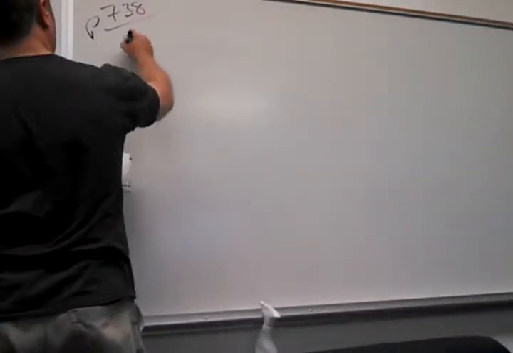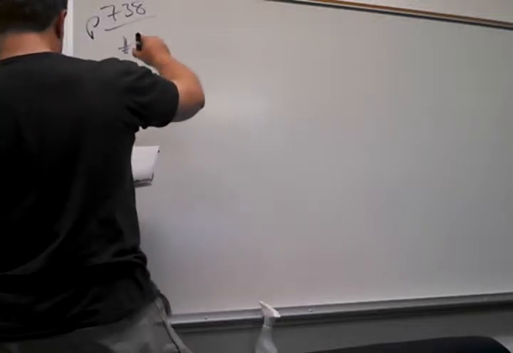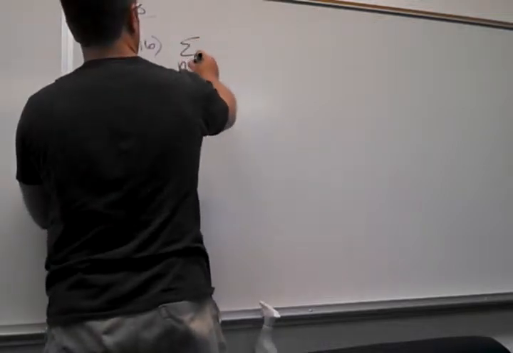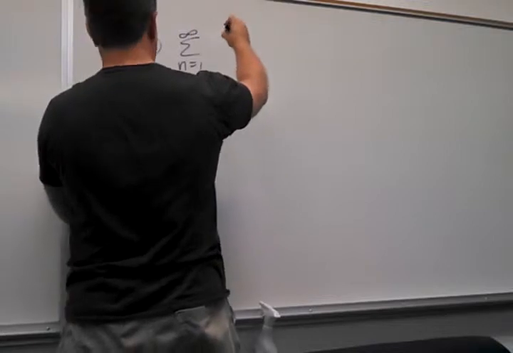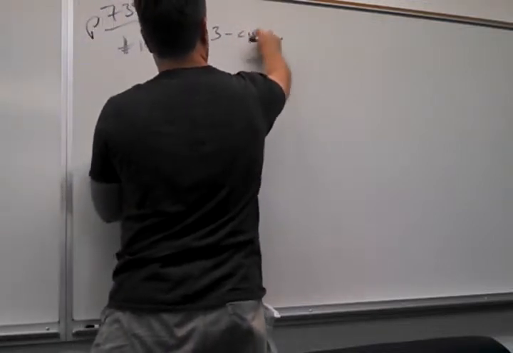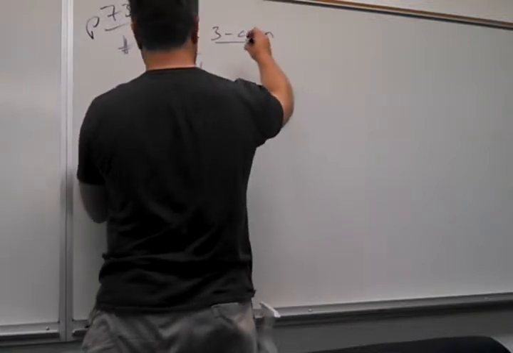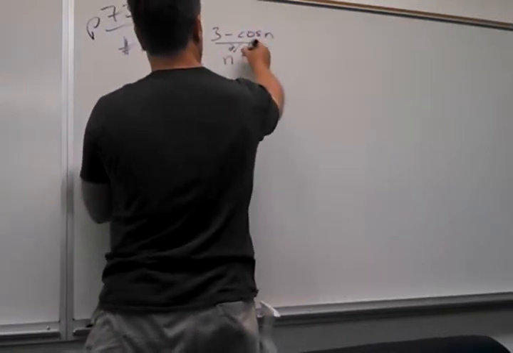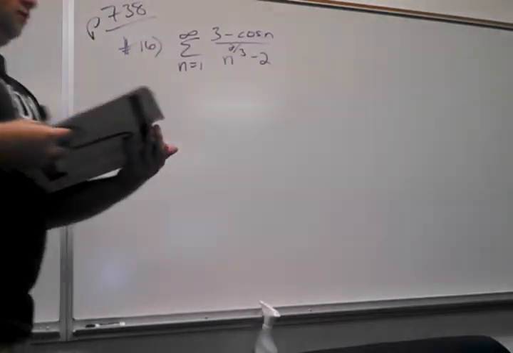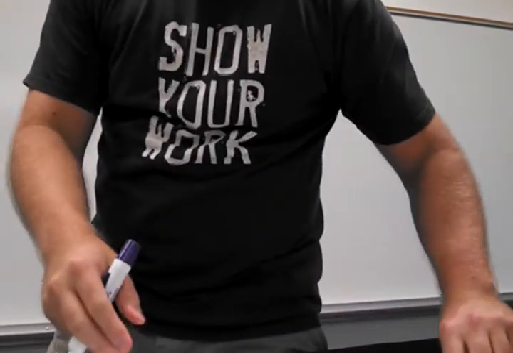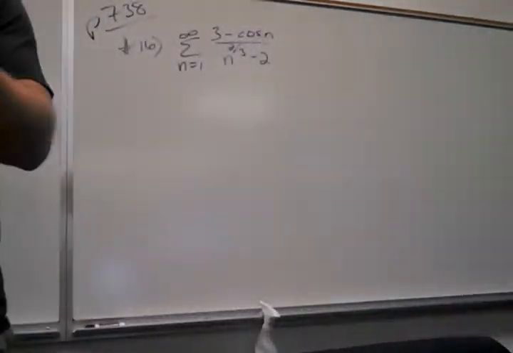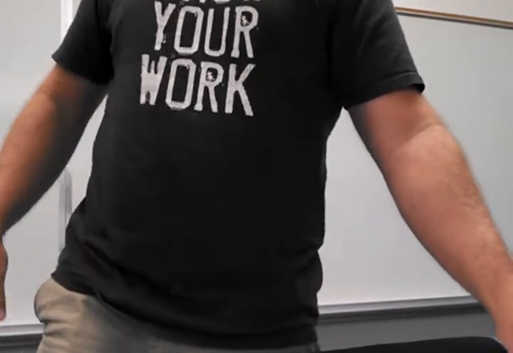So number 16, this is page 738. And the big idea with section 11.6 was the idea of absolute convergence, right?